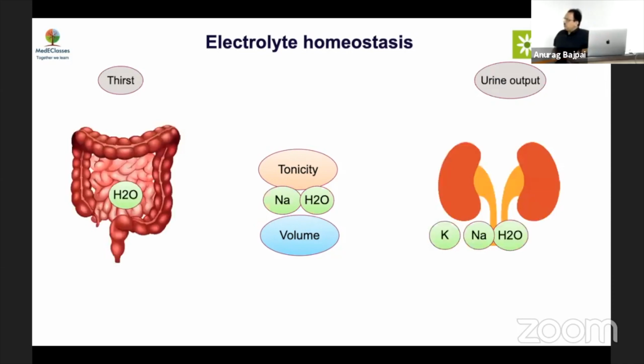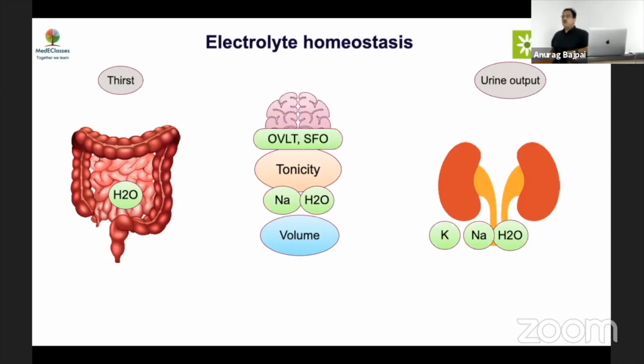Thirst basically is how much fluid you take and then how much you excrete. So if the tonicity in the body increases, you will have a release of the AVP under the influence of the organum vasculosum of the lamina terminalis and subfornical organ, and this AVP will basically cause decreased water excretion. So it will compensate for that process.